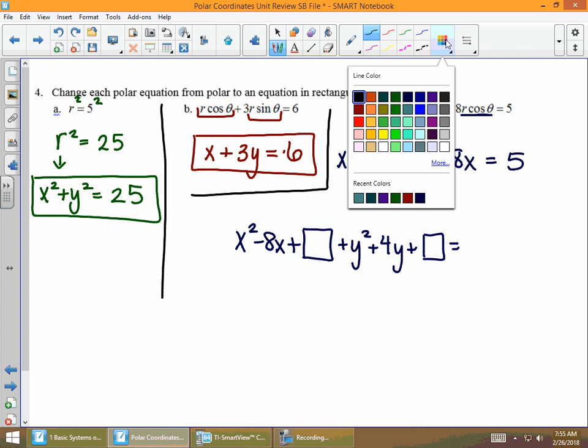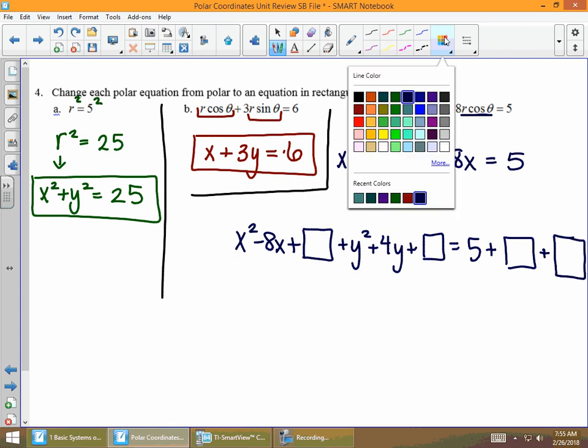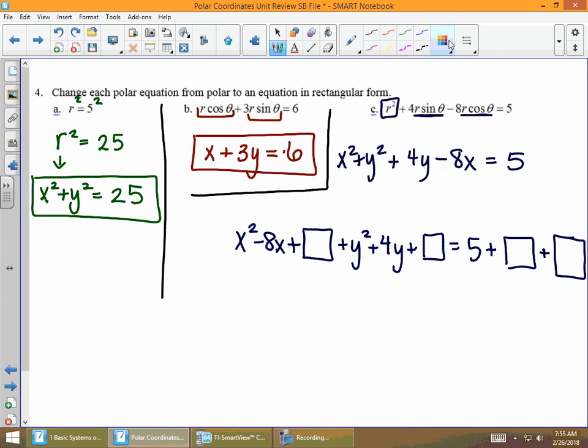On the other side of our equation, we still have that 5. But remember, when we're completing the square, we still have to follow the rules of equations. So whatever we do to one side of the equation, we have to do to the other. We added a box for completing our square with our x, and we're going to add a box for completing our square with our y. And now we can fill in those little boxes.